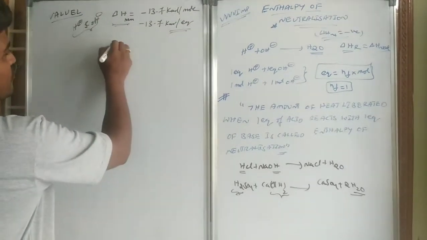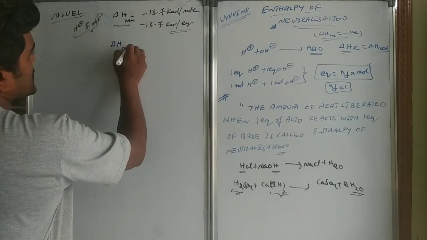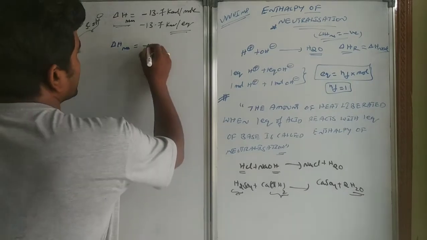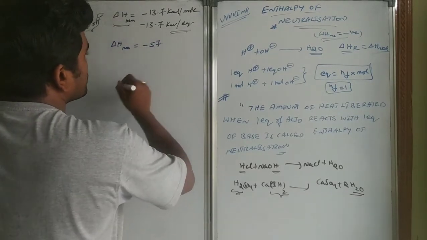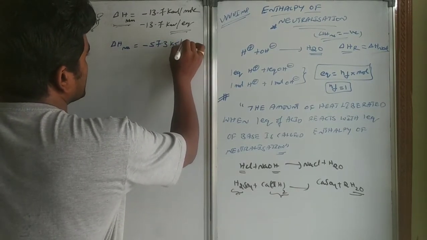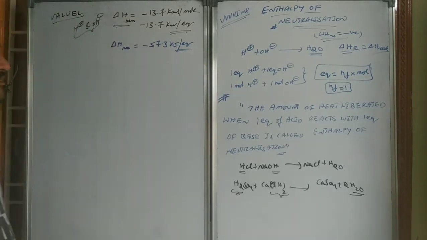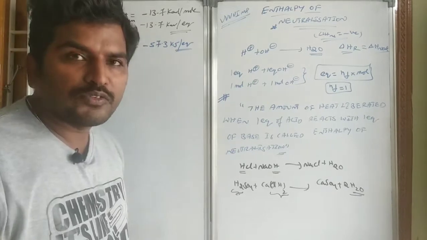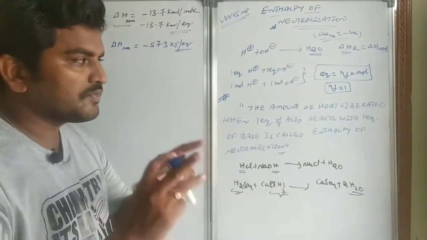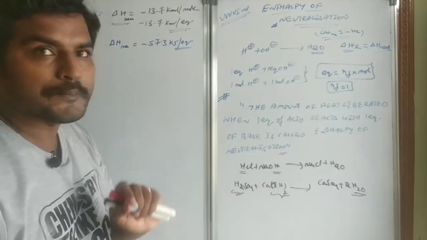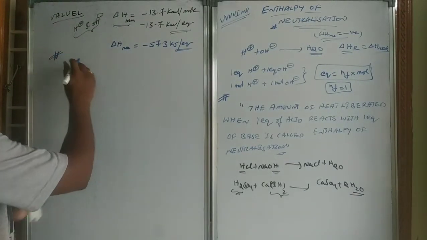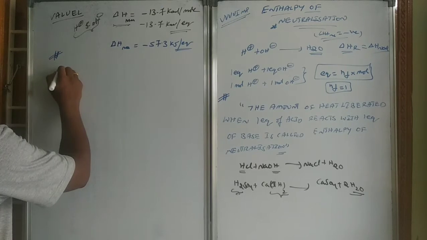If you want it in joules, minus 13.7 into 4.18 gives minus 57.3 kilojoules per equivalent. That is the introduction to the enthalpy of neutralization. This is a very important thing. One small application is there for this, which I will explain after doing some problems.